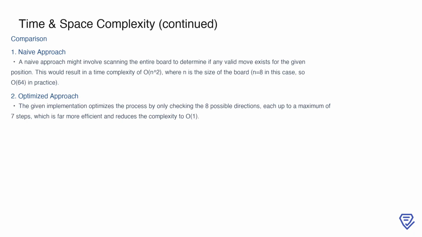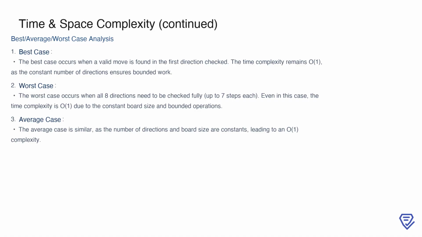computations. Analyzing the function across best, average, and worst-case scenarios further reinforces its efficiency. In the best case, a valid move is found in the first direction checked, resulting in minimal computation. However, since the number of directions is constant, the time complexity remains O(1).